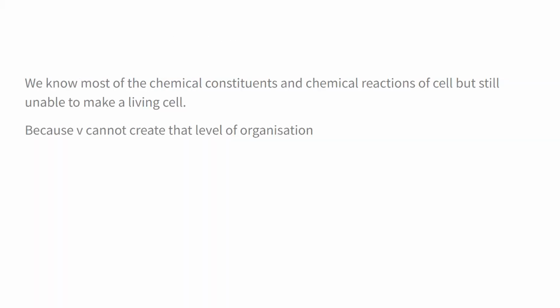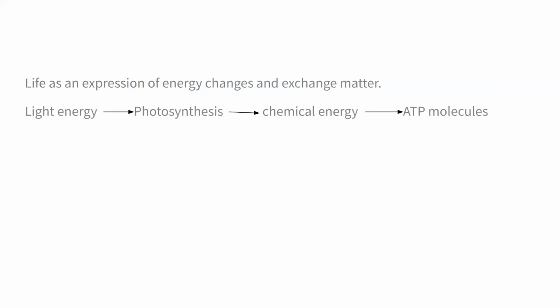Okay. Next, we are going to see cellular organization, which is a defining property of a living organism. So life is an expression of energy changes and exchange of matter. So what is life? It is the expression of energy changes and the exchange of matter.